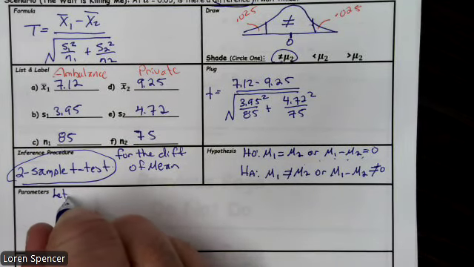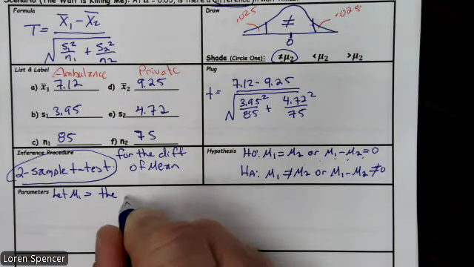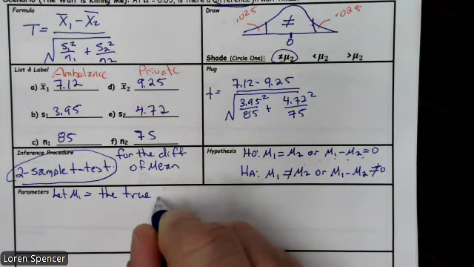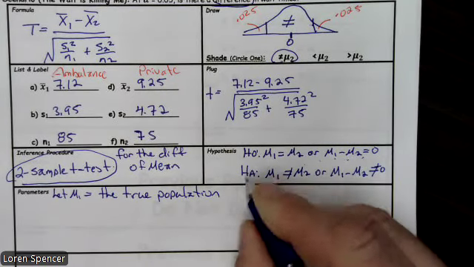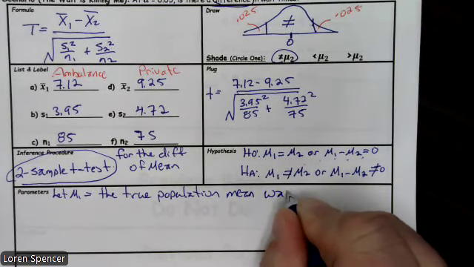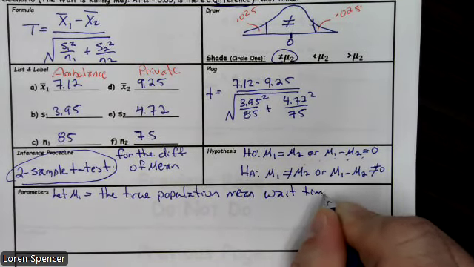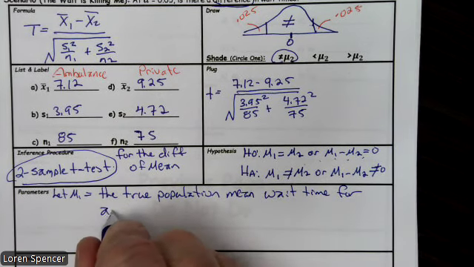So let mu1 equal the true population mean wait time for ambulance transportation.